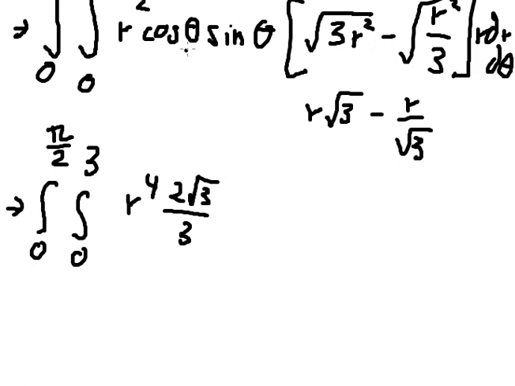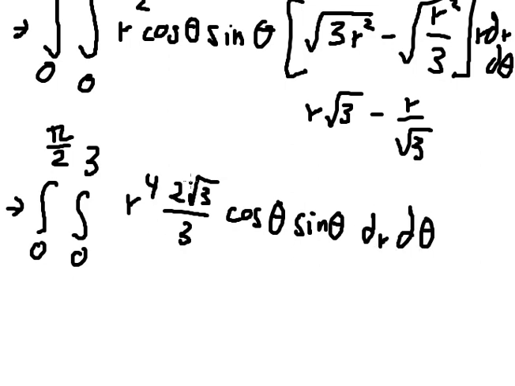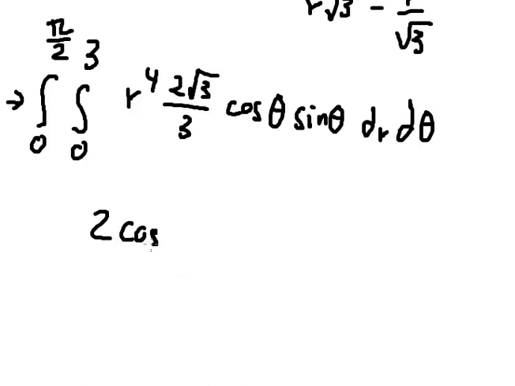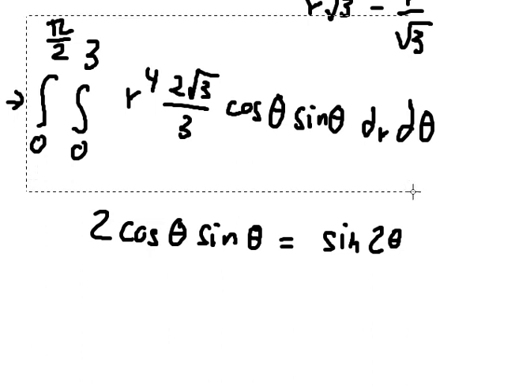And we put cosine theta sine theta here. The next one, we have number 2 with cosine theta and sine theta. We have sine 2 theta. And now we can simplify like this.